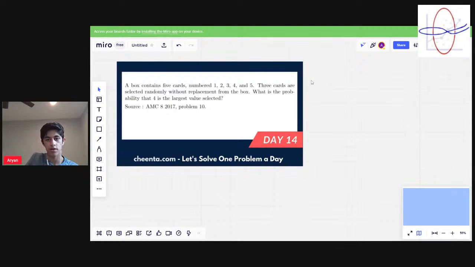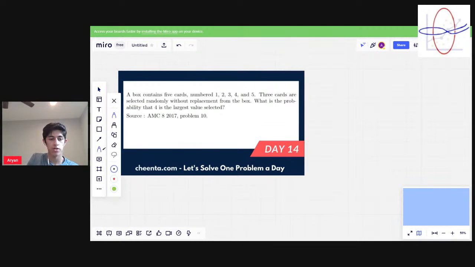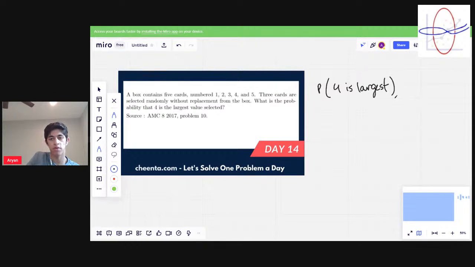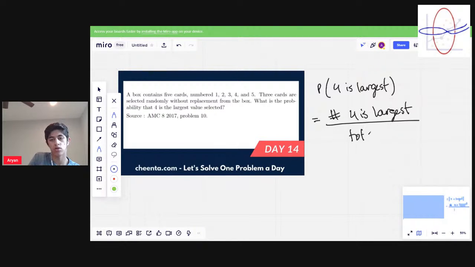So the idea here is the probability that 4 is the largest number we pick. That's just the number of ways that 4 is the largest divided by the total number of ways to pick 3 cards. So how many ways is 4 the largest?